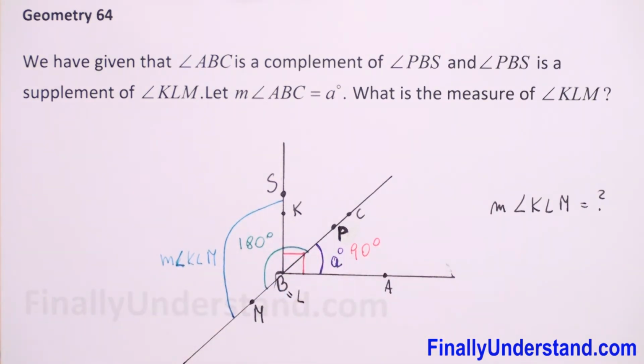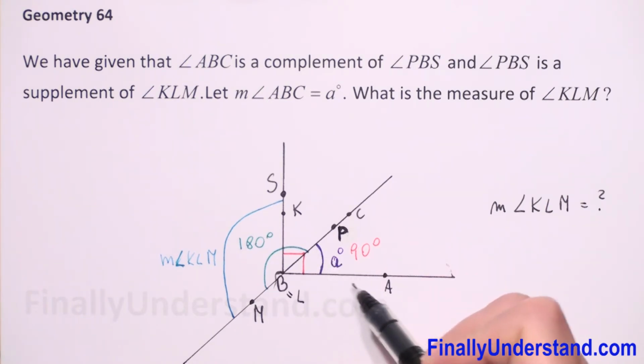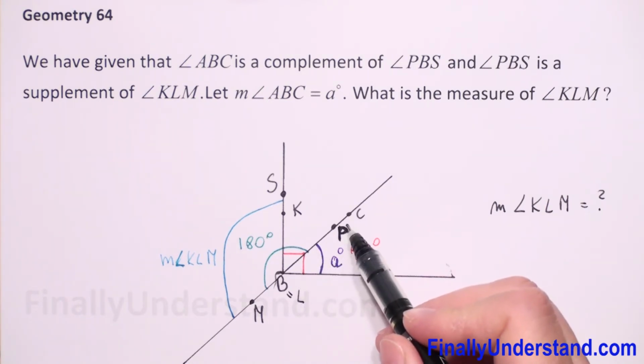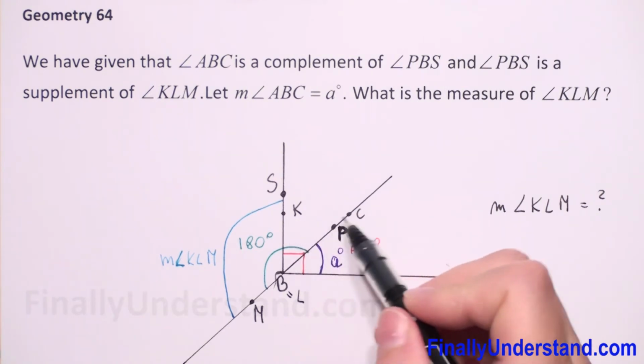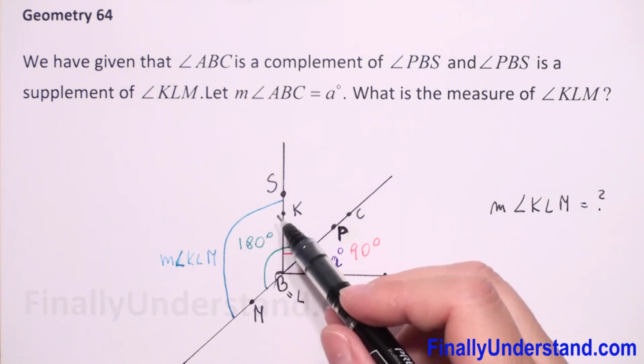Let's start from the beginning. We know that angle ABS is a right angle, and we know the measure of angle ABC, so we can find the angle PBS.